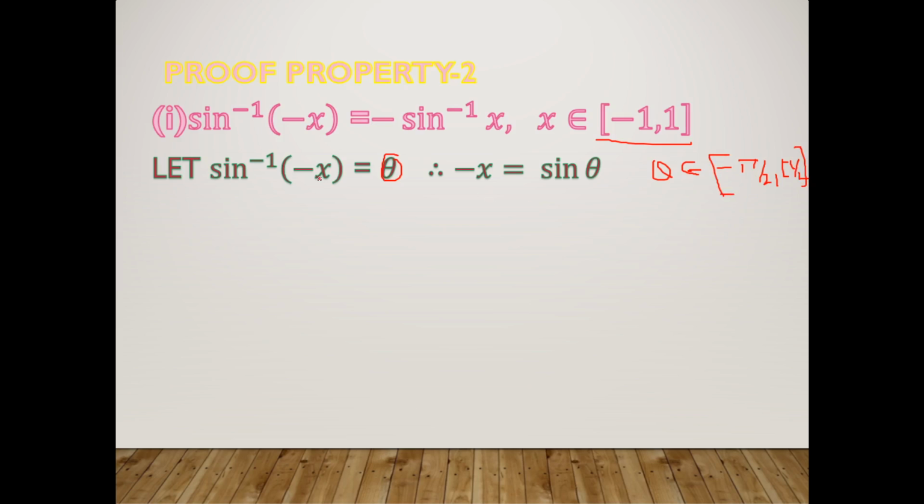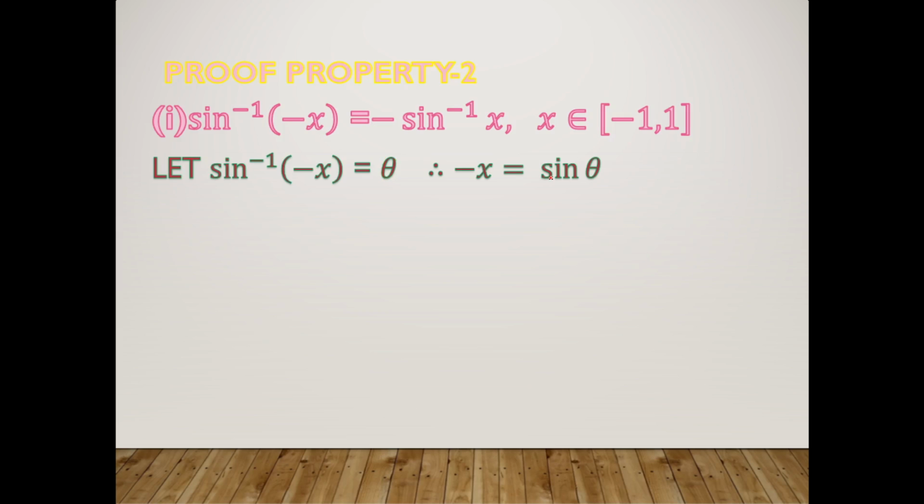Because here we have taken sine inverse minus x is equal to theta, that means theta is in the principal range of sine inverse x, because all inverse trigonometric functions are angles. And x is the domain of sine inverse x, so theta is in the principal range, and we can write theta less or equal to pi by 2 and greater or equal to minus pi by 2, right? So minus x is equal to sine theta.